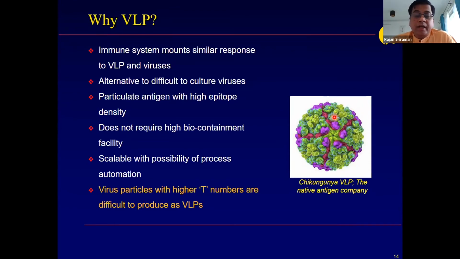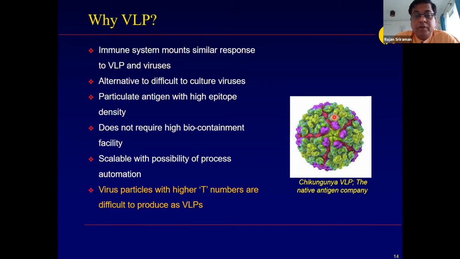However, as I said, the higher the T number, the more subunits are involved in a virus-like particle or a virus structure, and converting that into a virus-like particle will be very, very difficult for the simple reason that sometimes the stoichiometry of each of these subunits will be very difficult to maintain.